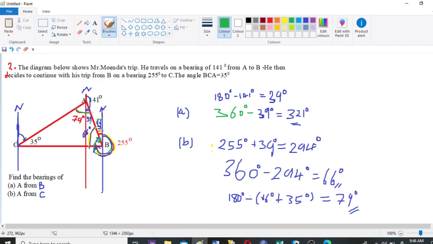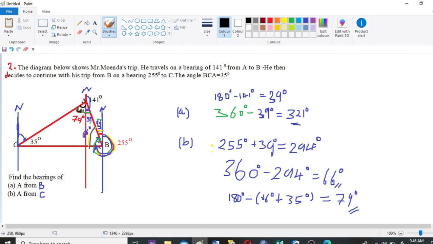So to find the angle from this point up to that point, we say 79 minus 39, which will give us 40. So this angle, just from here up to there, is 40 degrees.